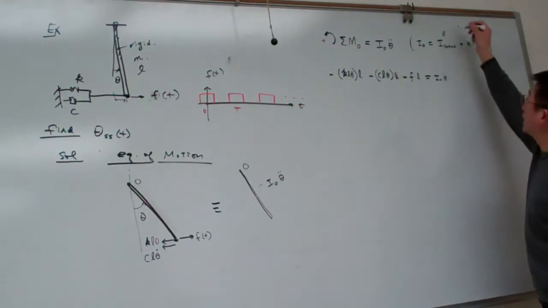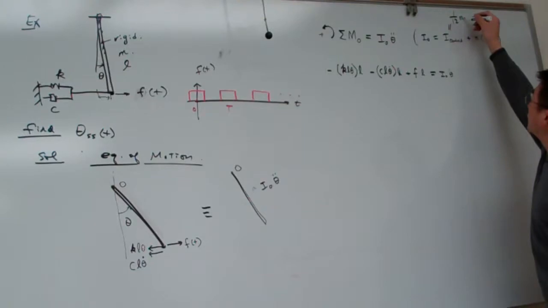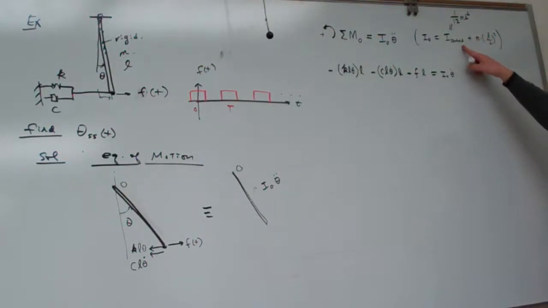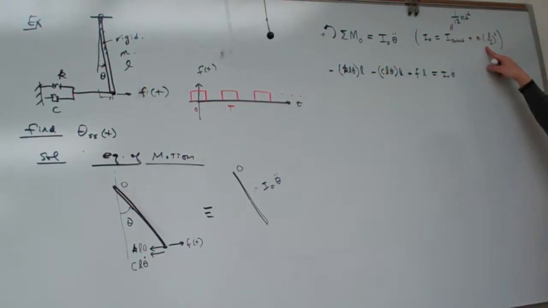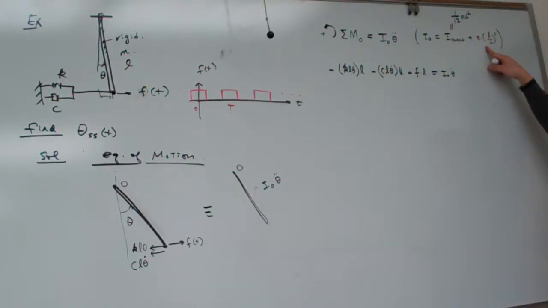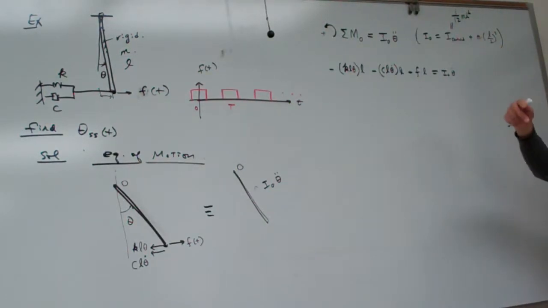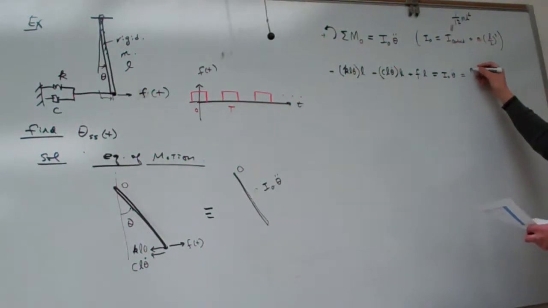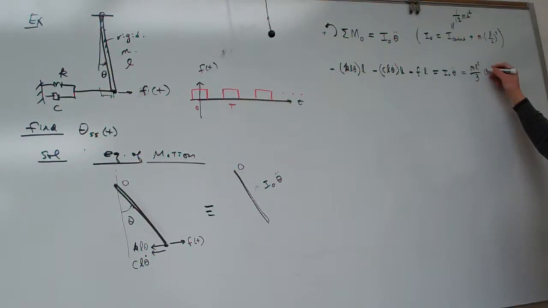You can check it from dynamics tables: that is 1/12 M L squared. And for the other term we simply apply the parallel axis theorem, where L over 2 is the distance between the centroid and the pivot point. With everything plugged in, we get M L squared divided by 3 theta double dot.